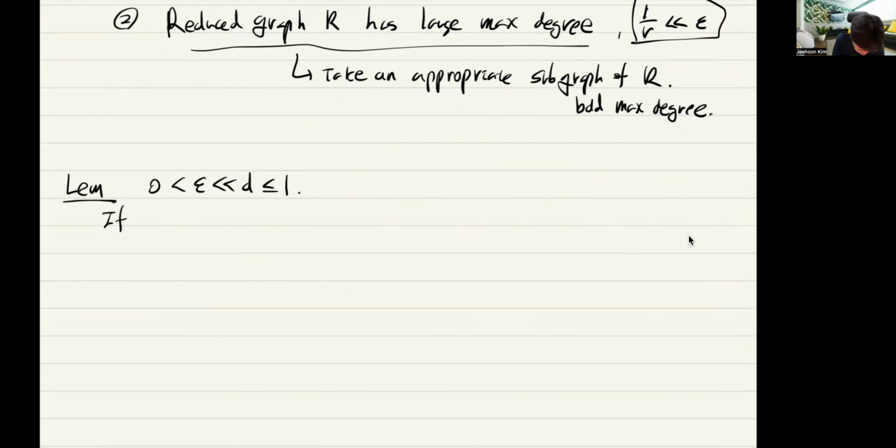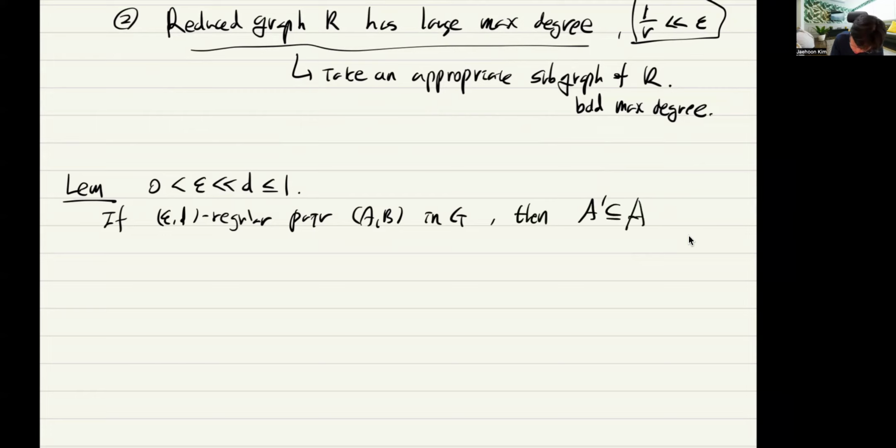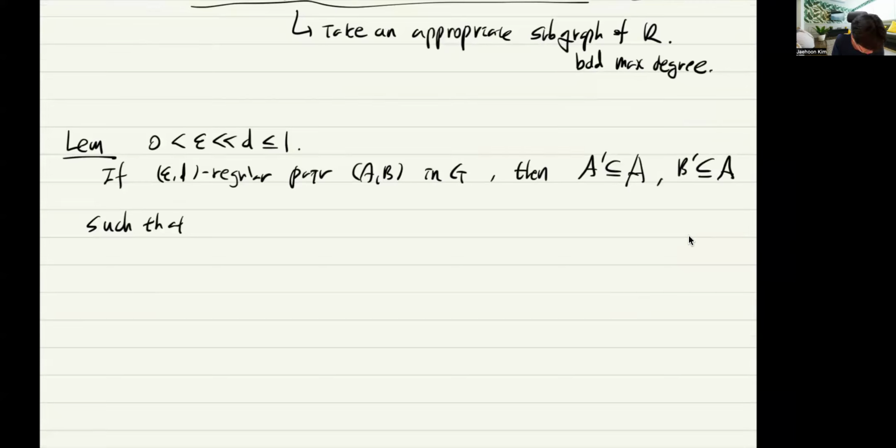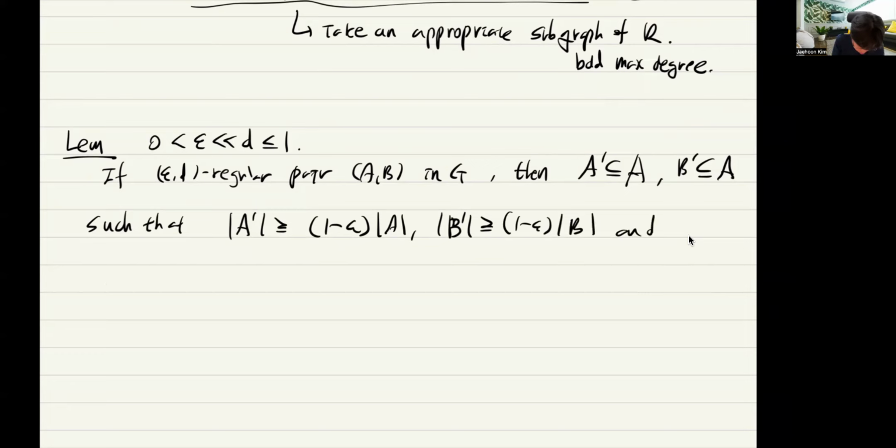If you have an epsilon, d regular pair AB in G, then you can find subsets such that A prime has size at least 1 minus epsilon times A, and B prime has size at least 1 minus epsilon times B, and this A prime and B prime is 2 epsilon, d superregular.